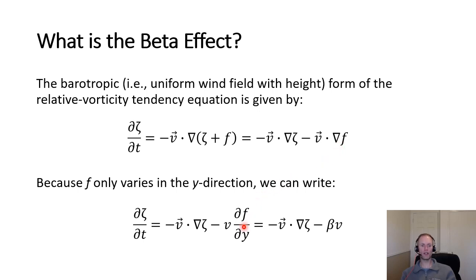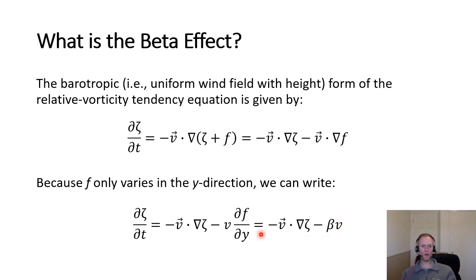And so we're left with the advection of relative vorticity, the large-scale steering flow, minus v partial f partial y. But in our previous video, we defined this quantity, partial f partial y, as the beta parameter, which we said is positive definite in the northern hemisphere. So we can rewrite this as our relative vorticity advection term minus the beta effect term that we see here.